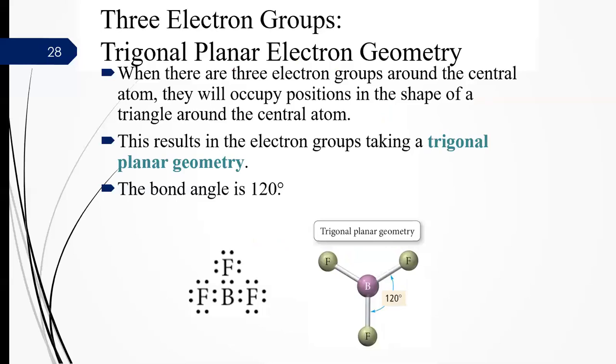Trigonal planar comes from when we have our third group that we're trying to add in there. Instead of being a T shape where we have 180 and then two 90s, we try to spread that around evenly. So instead of being 90 degrees, we get 120. Now the difference between 120 and 90 is actually quite big for electron pair repulsion.